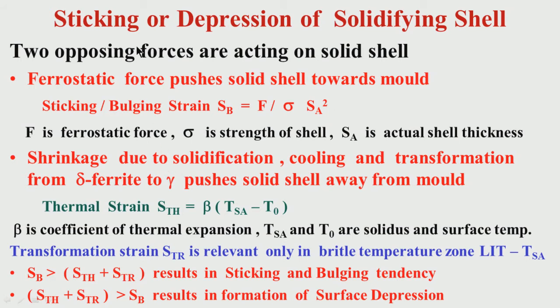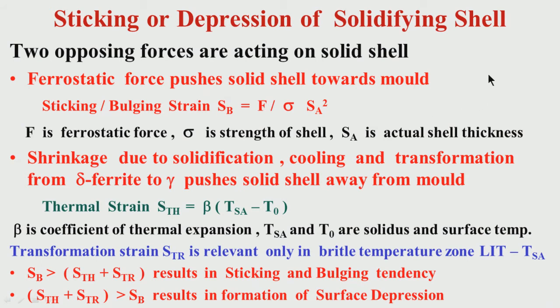Another force, I have talked about the two opposing forces: one is ferrostatic, another is the shrinkage. Why is shrinkage taking place? It may take place due to solidification, due to cooling, or due to transformation from delta ferrite to gamma. The effect of all these three is to move the shell away from the mold towards the liquid.